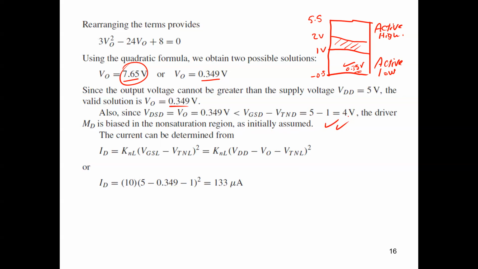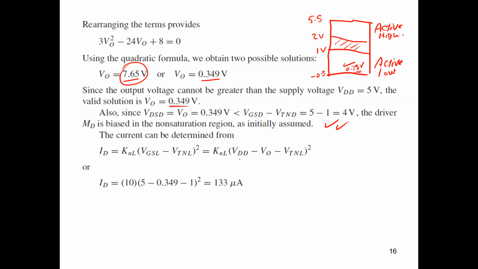Now, we would like to get the current. You can get the current from any MOSFET, so let's use the simple saturation relation for our load. We can say ID equals Kn load times VGS load minus VTN load.